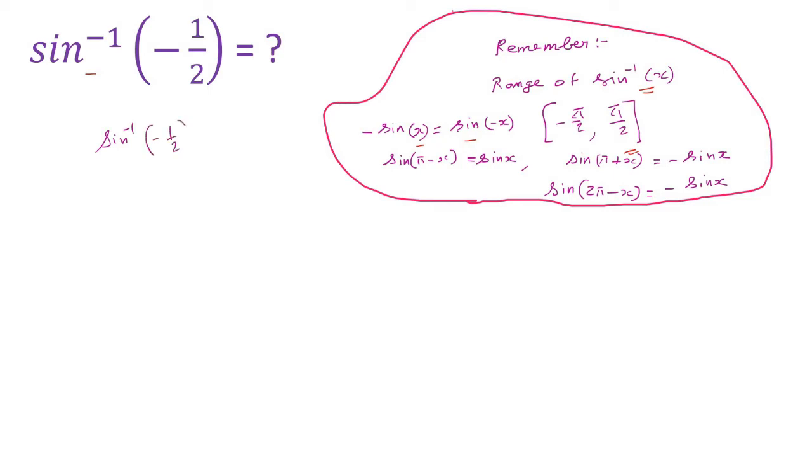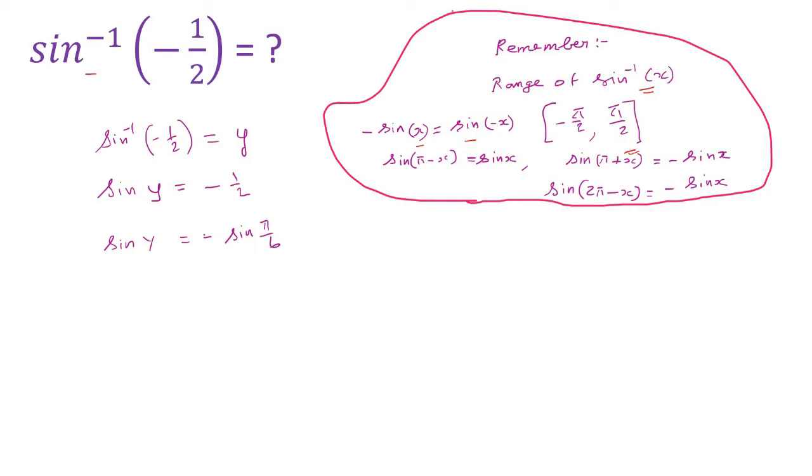See, sine inverse of minus half, let's say it is equal to y. That means sine of y will be equal to minus half. We know that this half you can write as sine pi by 6. The negative symbol, let it be there as it is. So sine y is equal to minus sine pi by 6.